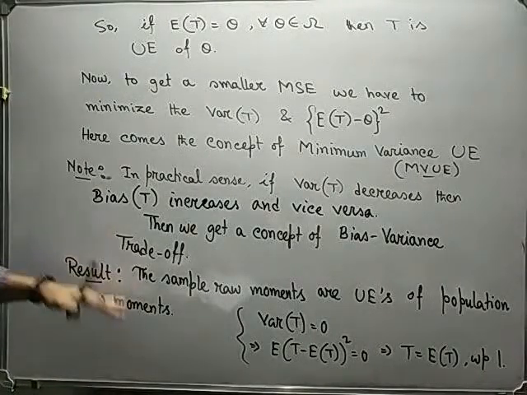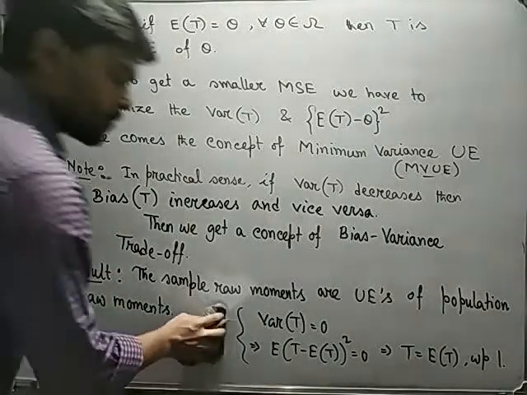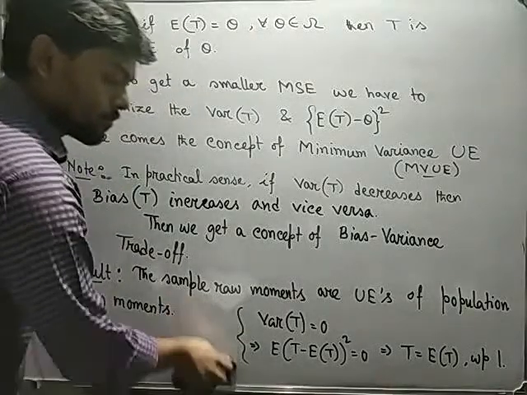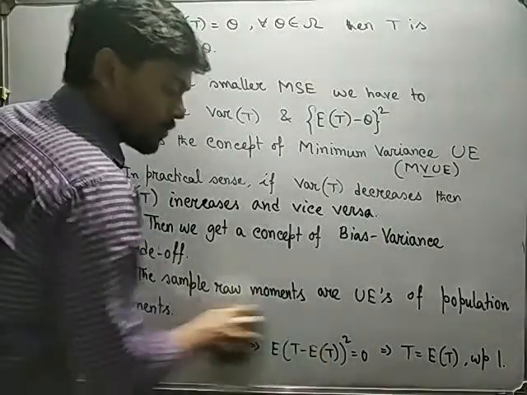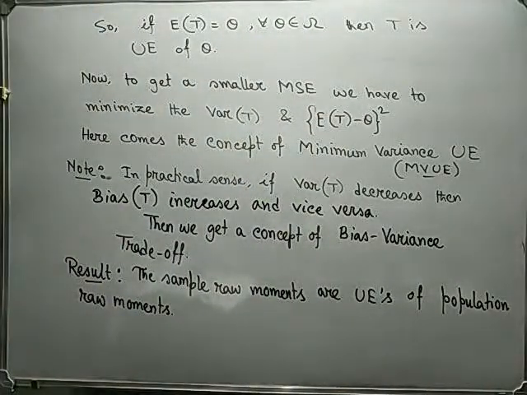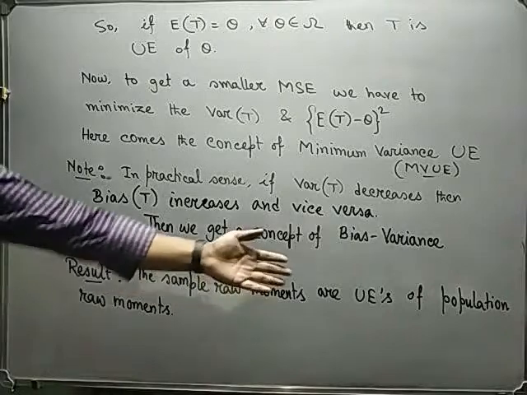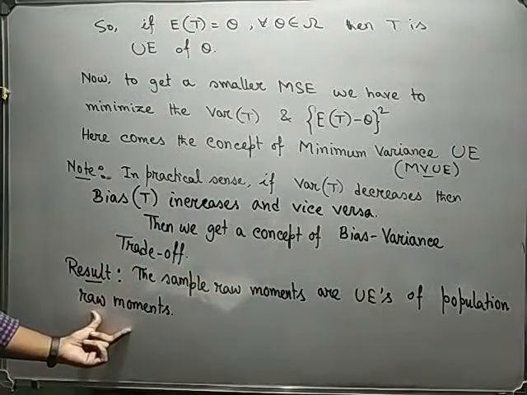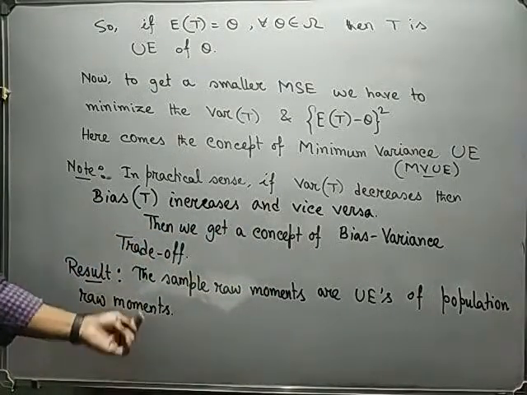Now, let's continue this result. The sample raw moments are unbiased estimators of the population raw moments. What does that mean?